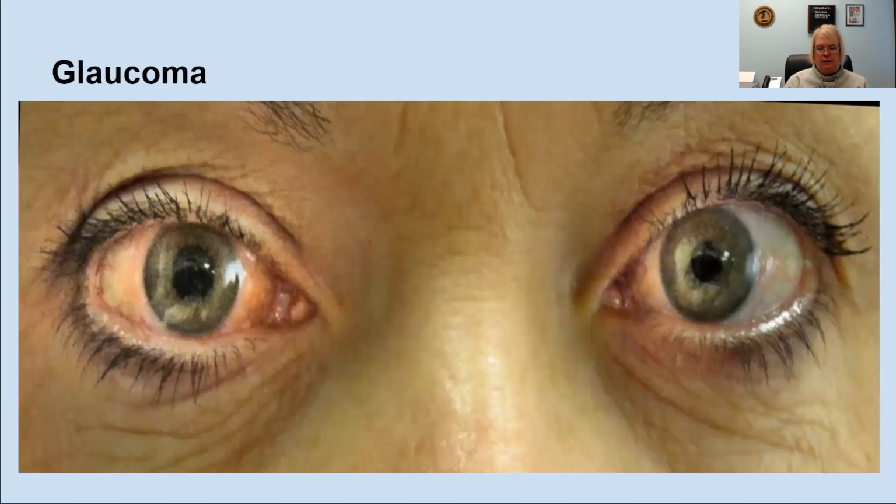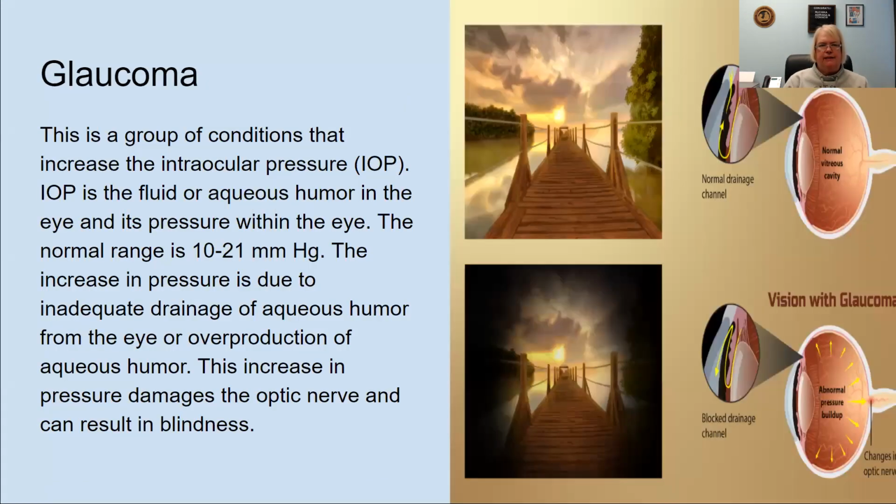Okay, glaucoma. This is a group of conditions that increase the intraocular pressure. Now remember, with cataracts, we still wanted to prevent that. But with this one, the issue is the intraocular pressure is increased all the time. And it has to do with the fluid or the aqueous humor in the eye and the pressure of that within the eye.